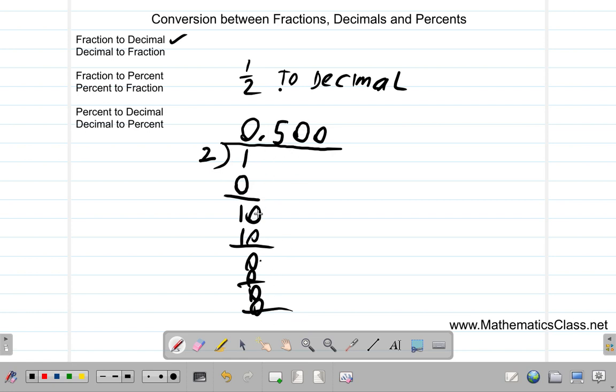Once you get 0 on there, you're done with the long division. Alright? So half to decimal equal 0.5. When you convert half to decimal, 0.5 you get. You see that?